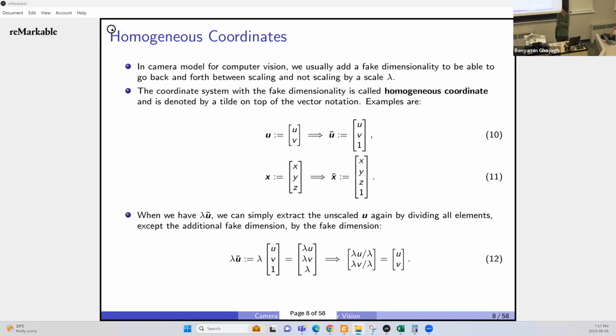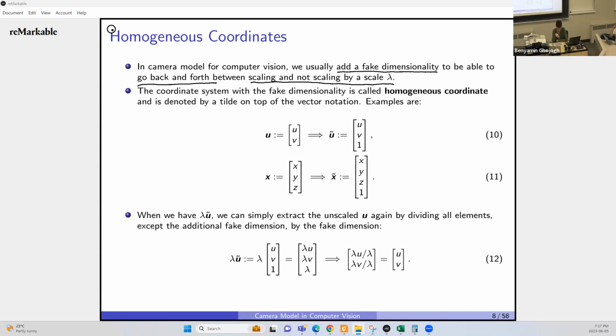So in camera models for computer vision, we usually add a fake dimensionality. This is also a technique used a lot in camera models, and we'll see that. We add a fake dimensionality to be able to go back and forth between scaling and not scaling by a scale lambda.